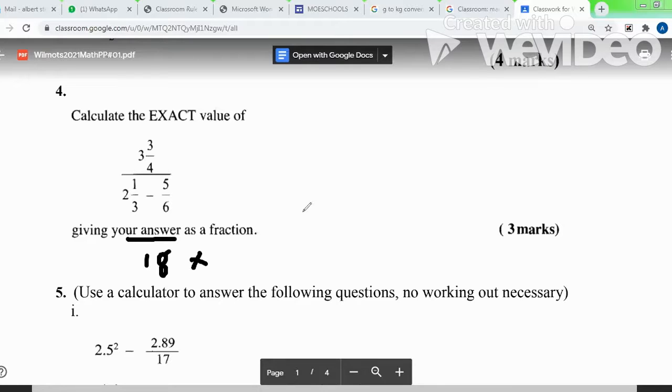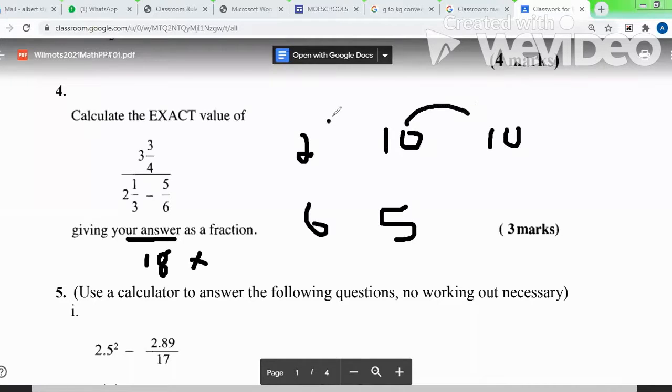For example, the LCM of 6 and 5 is 30, and you multiply them. That's what some students do, and they think it works all the time. Look at 2 and 10. The LCM is 10. If you multiply, you get 20, not true? The LCM is 10 because 10 can go into 10 and 2 can go into 10.